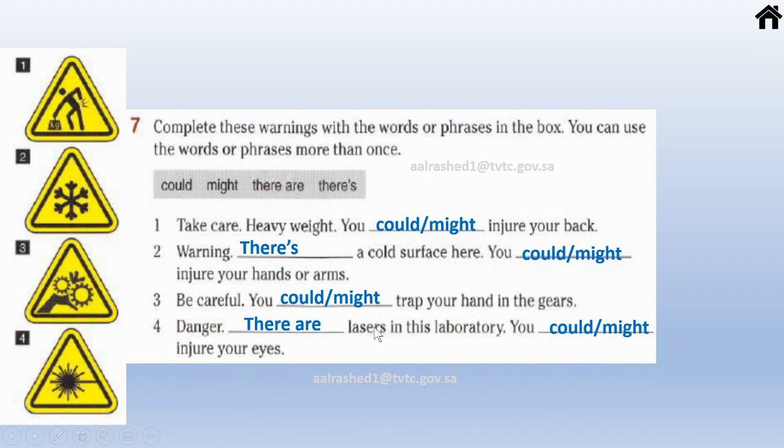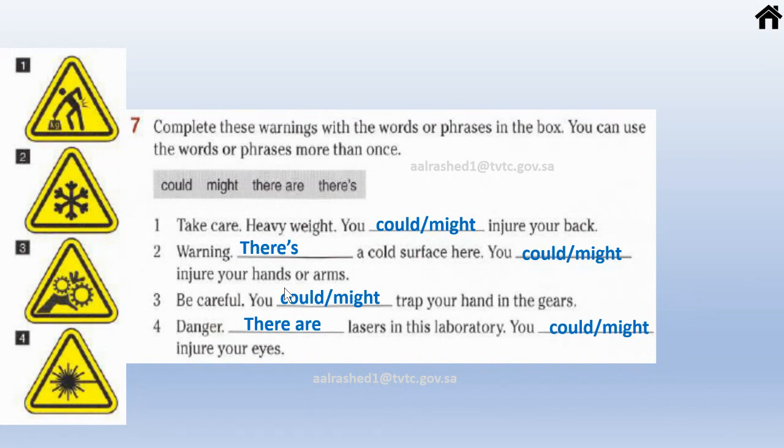For the lasers, you could say you will. You know, the possibility is very high. So you have a variety of options, عندك خيارات متعددة. If there is a possibility, you could use could or might. If you are certain that this is what would happen, you would use, well, if you want to give a warning for this, you would say might.